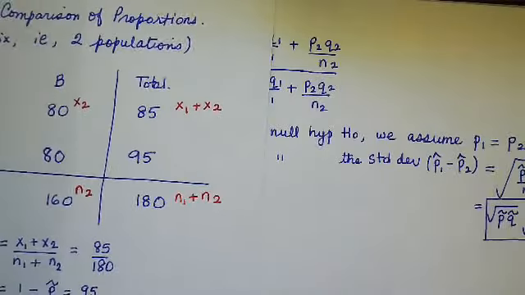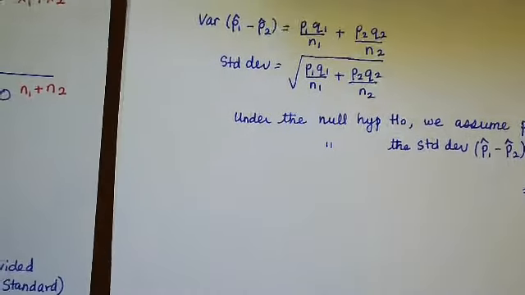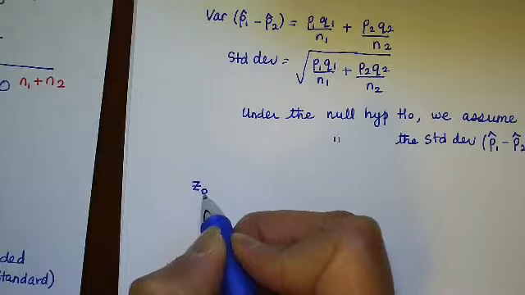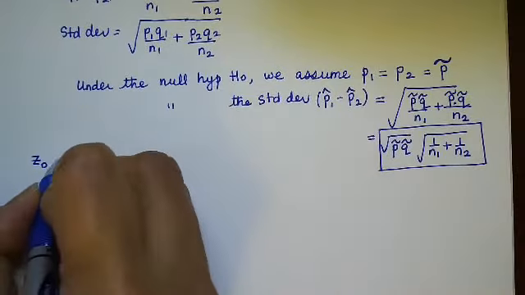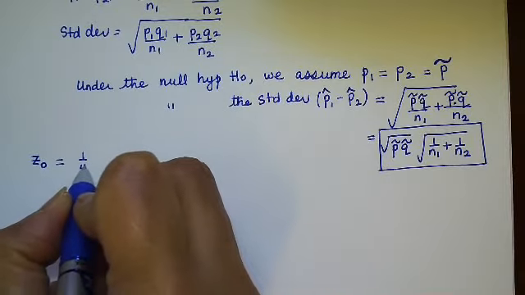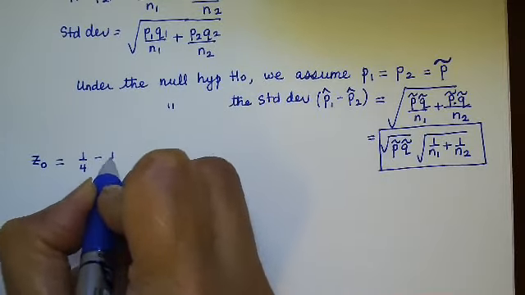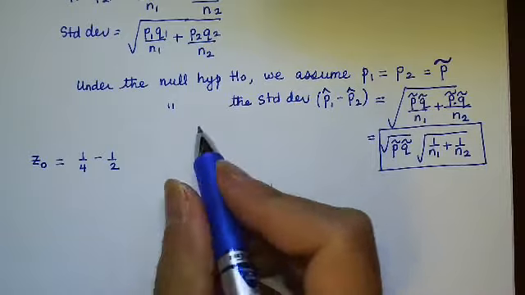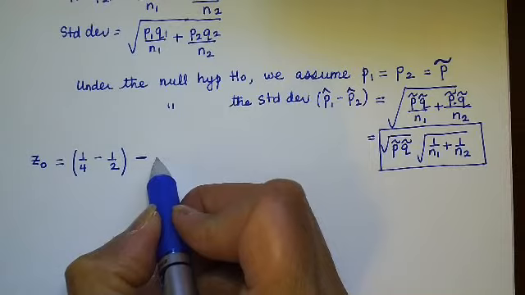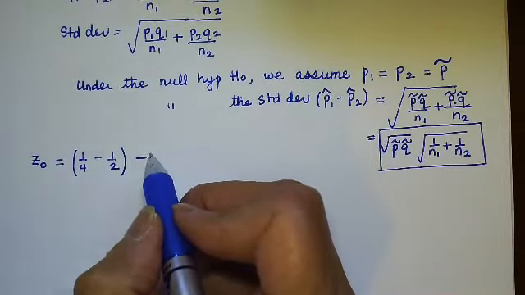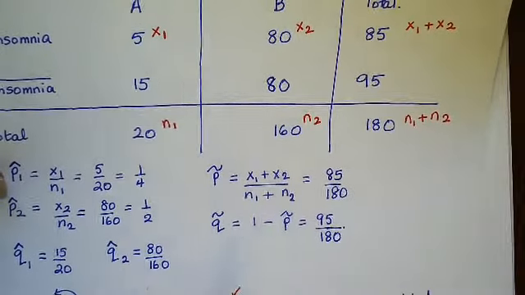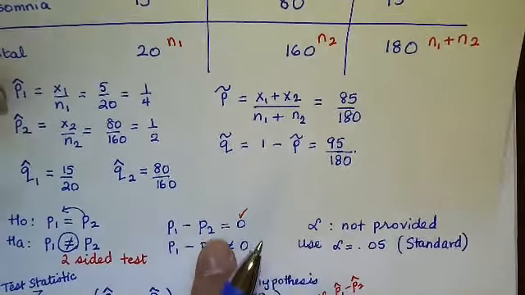Okay, so now we have a test statistic. Let us actually go and do this test. I'm ready to use this 2x2 matrix and hypothesis test to see if these proportions are the same. So my Z0 will be P1 hat, which is 1/4, minus P2 hat, 1/2, minus P1 minus P2 from the null hypothesis.